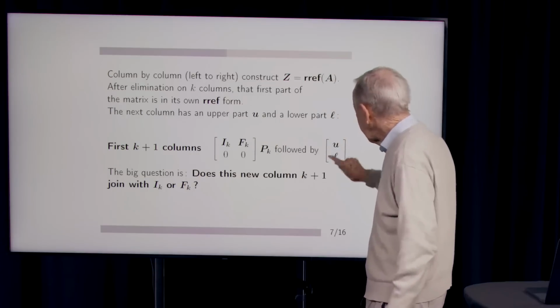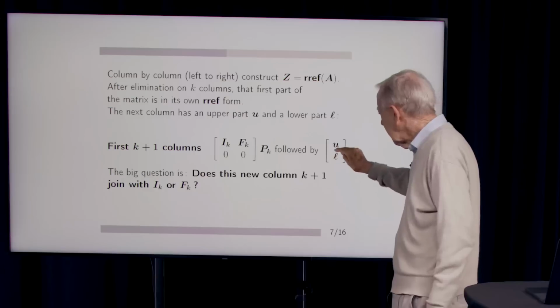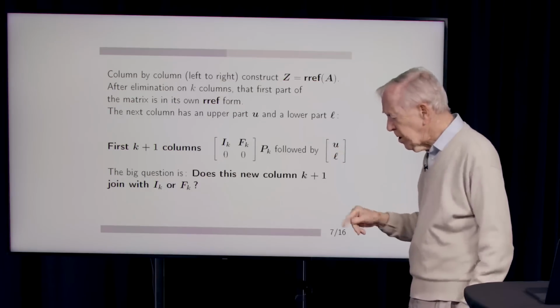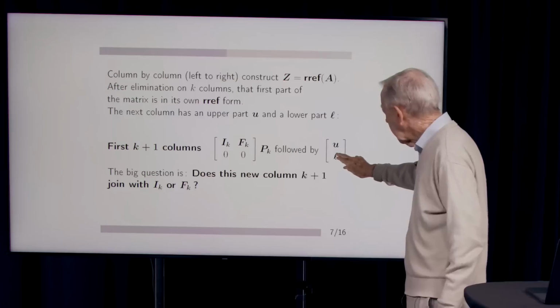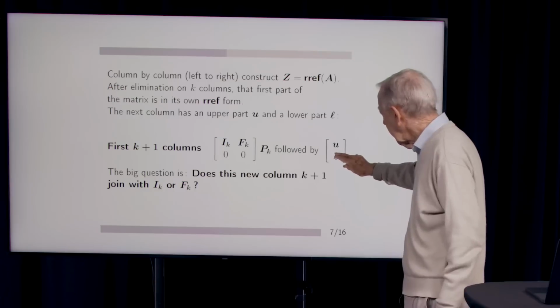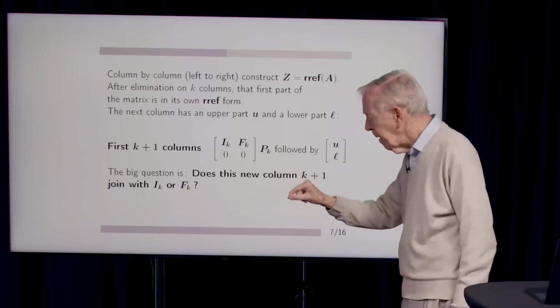If it's not all zeros there, then I'm going to do some row exchanges and some pivot steps. What I can do is clear out all of L except for one non-zero. That'll be the new pivot.